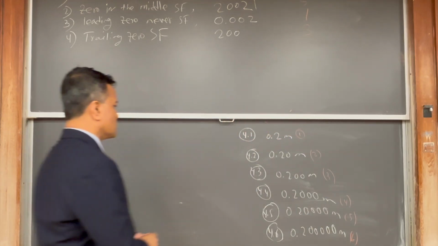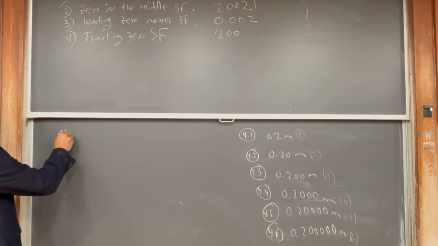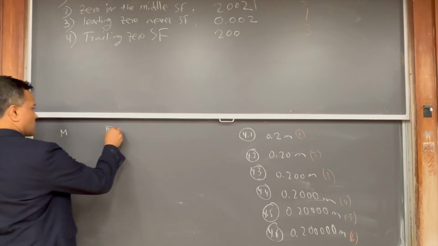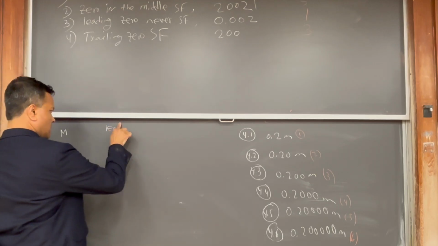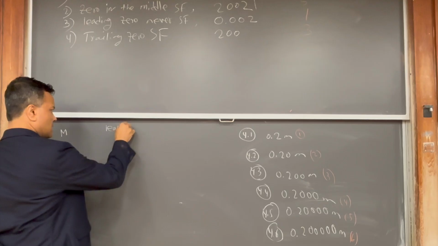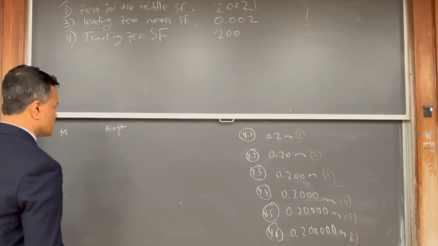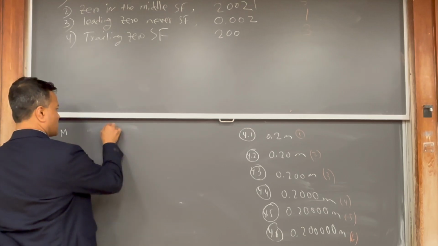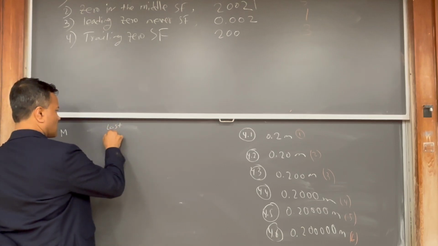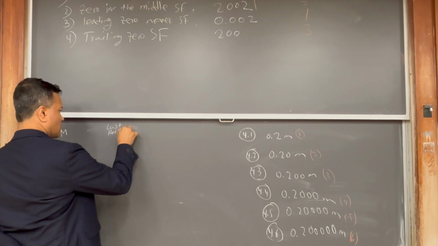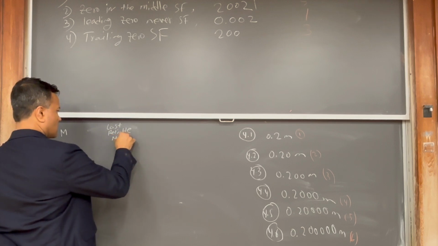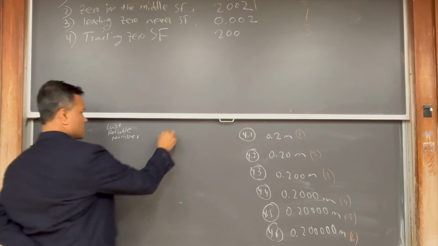Now, if I do write the measurement, the last reliable number, and then the uncertainty.